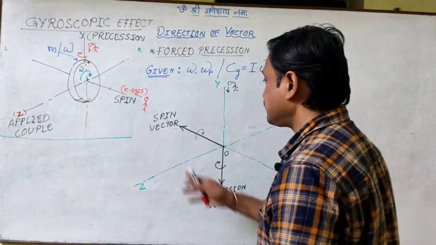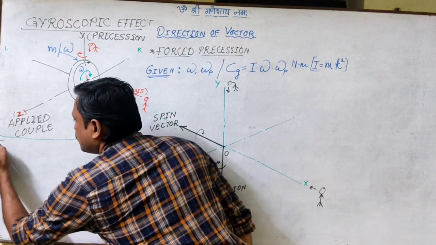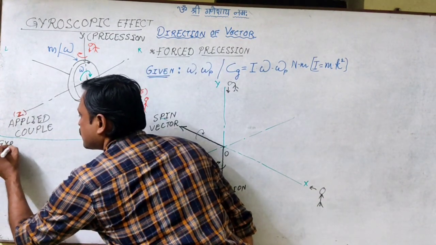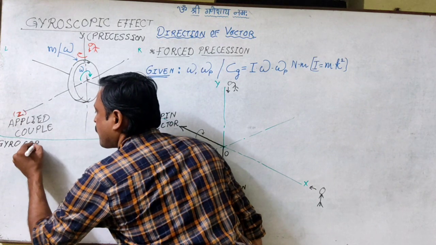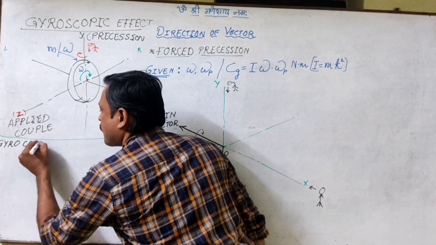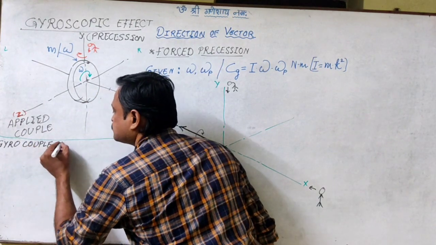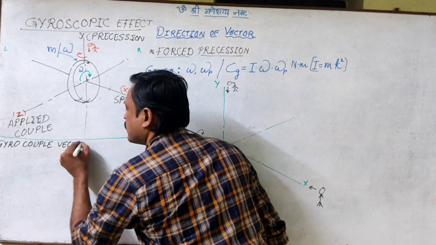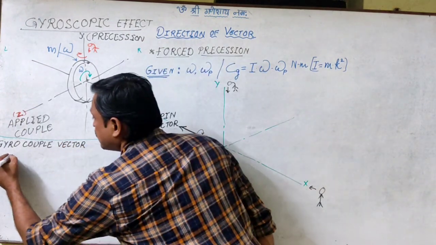So we want to determine the gyrocouple vector. How are we getting it?